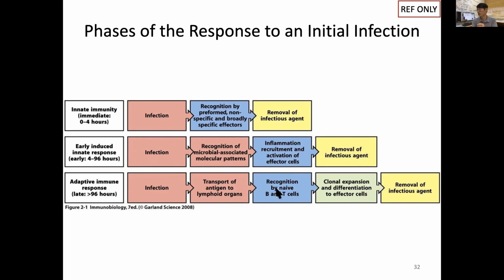Those specific B cells and T cells will proliferate. We call it clonal expansion, because they will generate exactly the same antigen receptors, the same type of T cell receptors, and they will differentiate into effector activated B cells and T cells, and they will remove infectious agents cleanly over time.